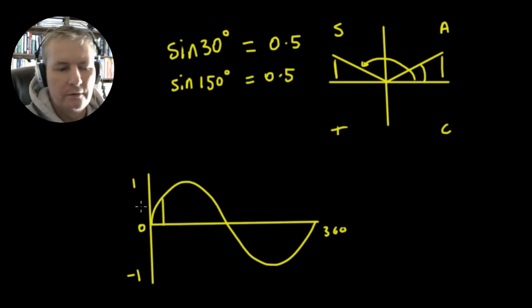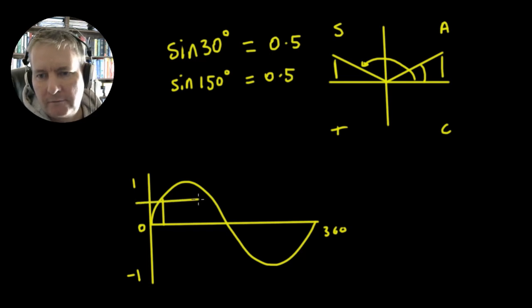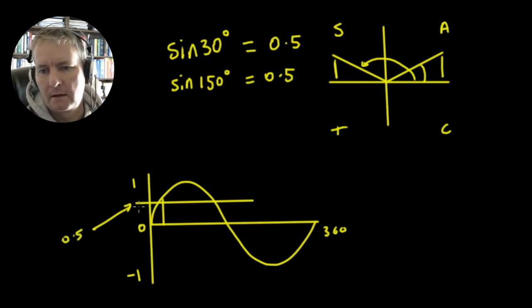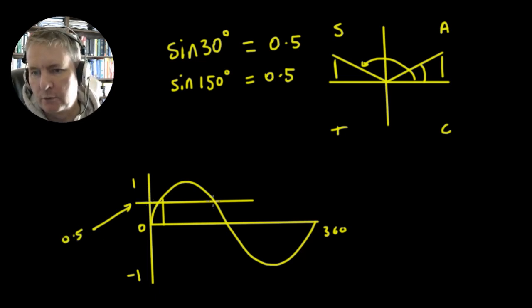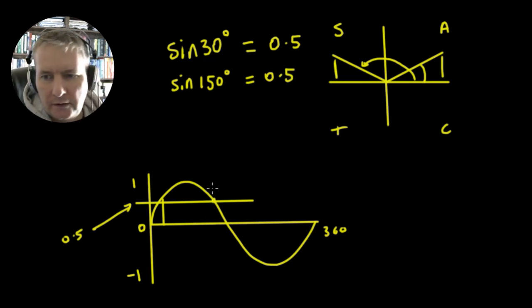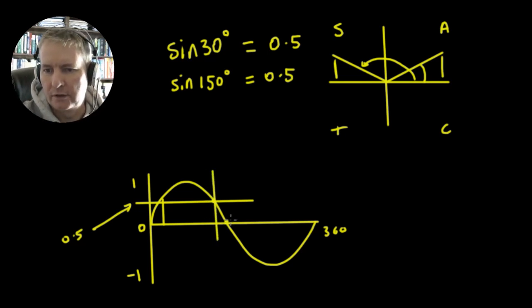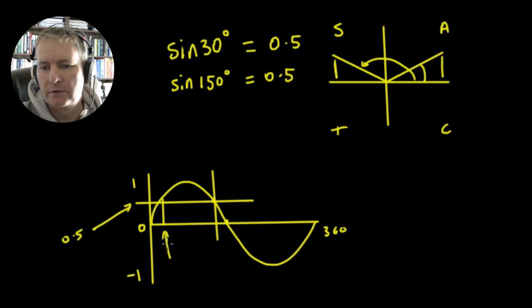But we know the value, and that's a value of 0.5, so we're just saying this height here is 0.5, but it also crosses this point along here, and that point along there is just going to be the 180, because that's at 180 degrees there, minus the 30, which is 150 degrees. So that one's our 30, and this one here is our 150.